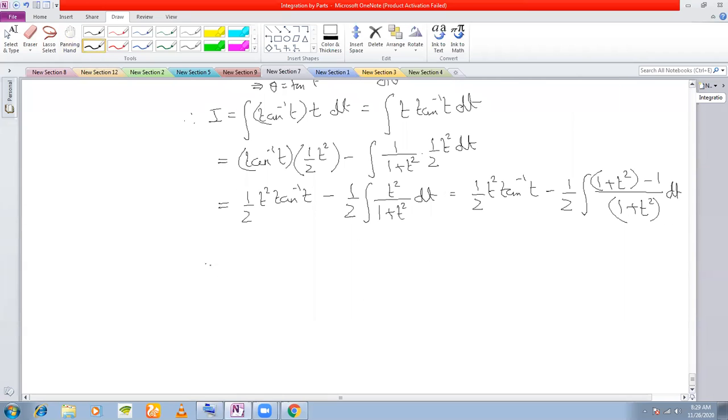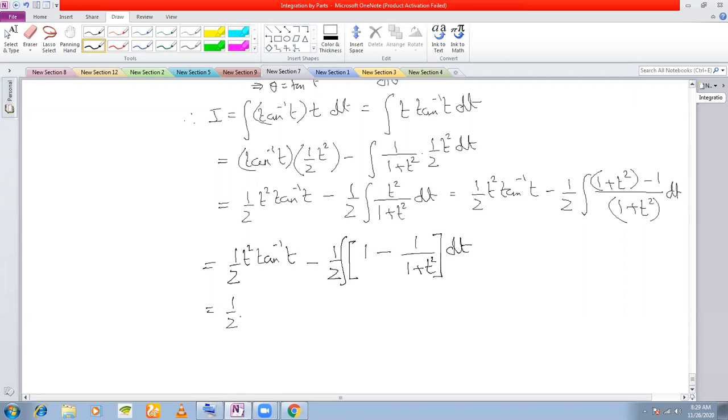Now this becomes half t square tan inverse t minus, now if we separate, this becomes what? 1 minus 1 by 1 plus t square, integral dt, right?